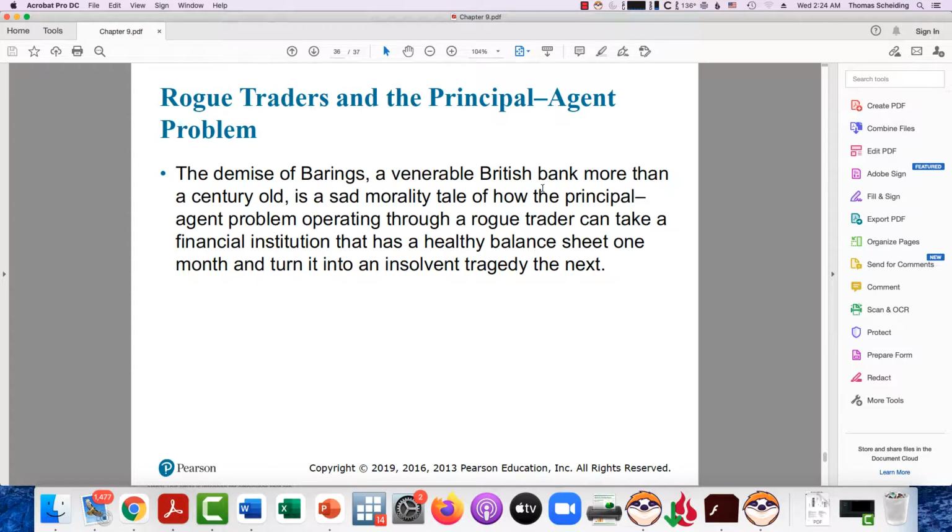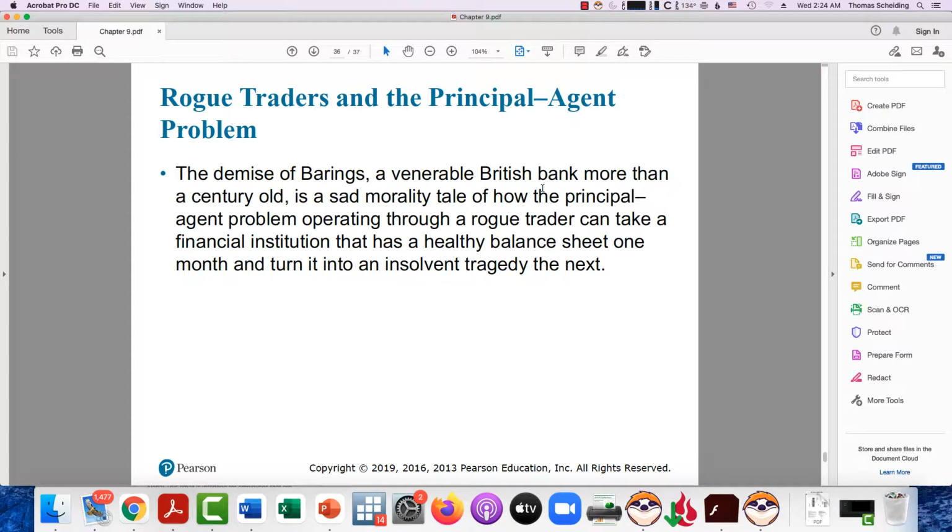Now, it is true, this happened quite a while ago, I think in the early 2000s. Barings Bank, a very old industrial bank of England, had a trader, I think it was in Indonesia or Hong Kong.